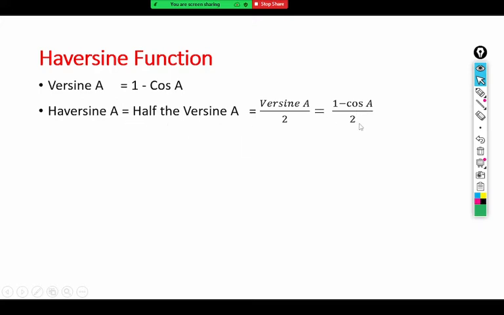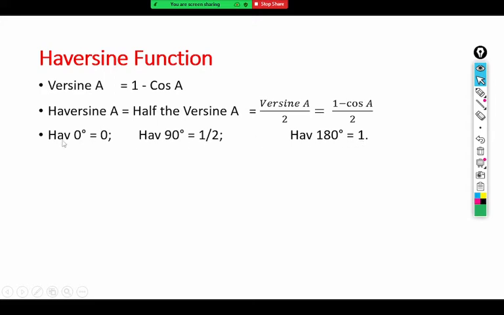This is the half function, and when we use this function in the formula instead of the sine function, there is no ambiguity. So what is the minimum value of Haversine and the maximum value? In the range 0 to 180, Haversine of 0 is 0, Haversine of 90 is 1 by 2, and Haversine of 180 is 1.